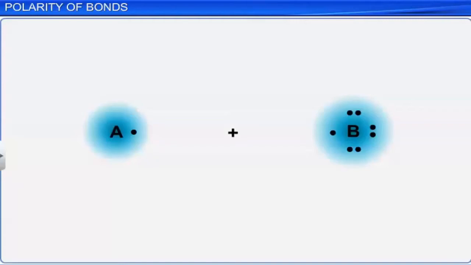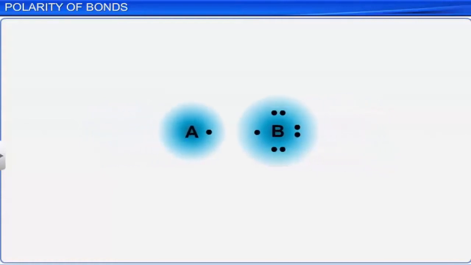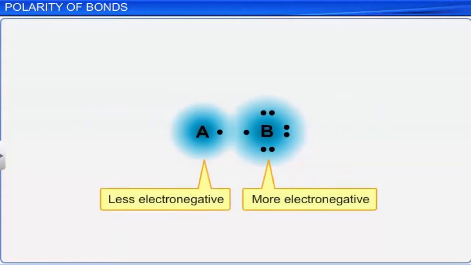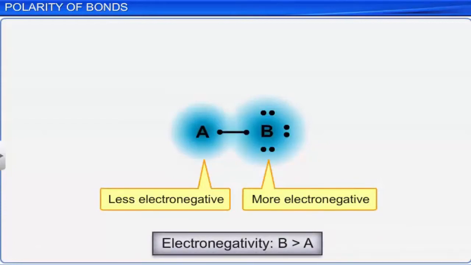Let us see what happens when atoms with different electronegativities combine to form a covalent bond. When two atoms with different electronegativities combine to form a covalent bond, the electron density between atoms is shared in such a way that it is displaced more towards the more electronegative atom.